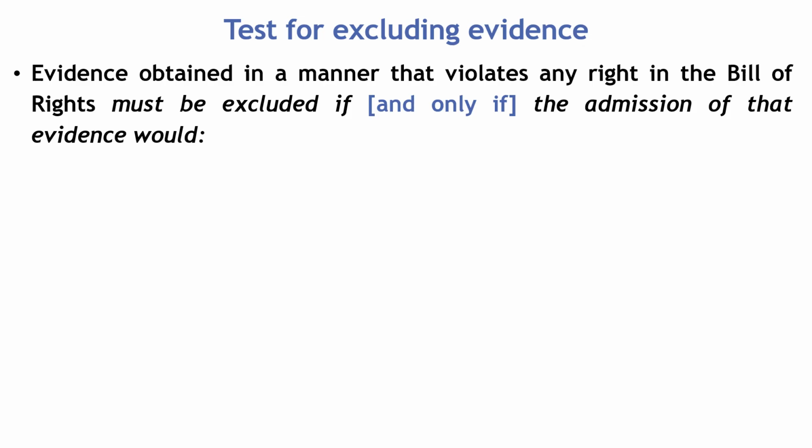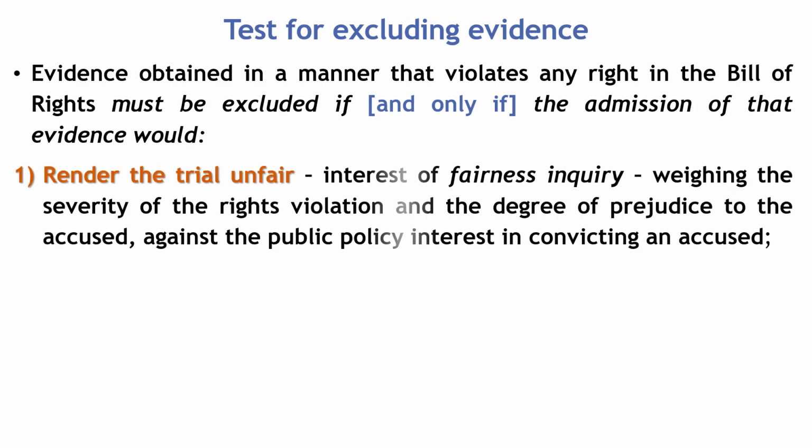Now, let's just have a look at these two outcomes. What do we mean? First, evidence must be excluded if the admission of that evidence would render the trial unfair. This is the interest of fairness inquiry, basically asking whether the admission of that evidence would actually render the trial unfair. It requires weighing the protection of the accused's substantive and procedural rights at trial against the concerns of society that basically the truth is sought and the guilty is punished.